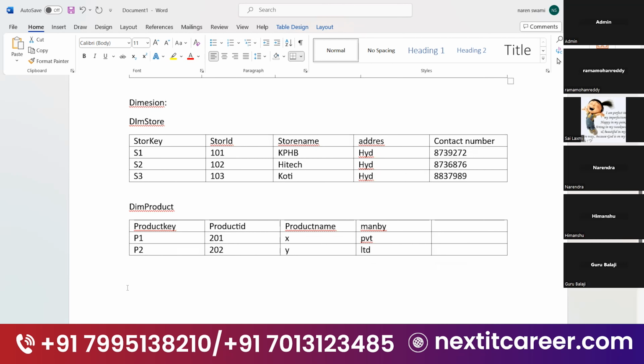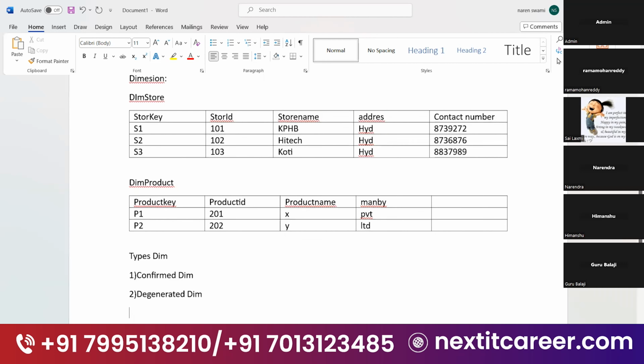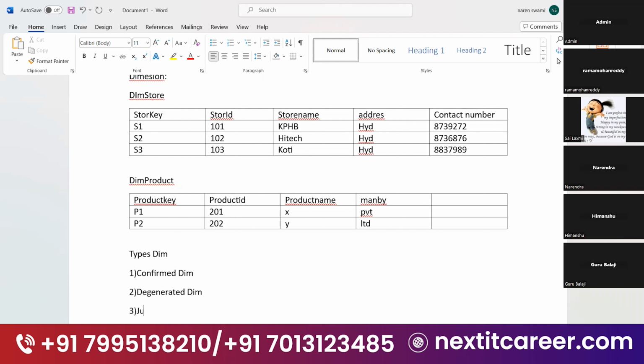Okay. So now we will look into the types of dimension tables. Yesterday I spoke about the conformed dimension, right? Conformed dimension, and also what is a degenerated dimension, and also junk dimension, and role playing dimension.